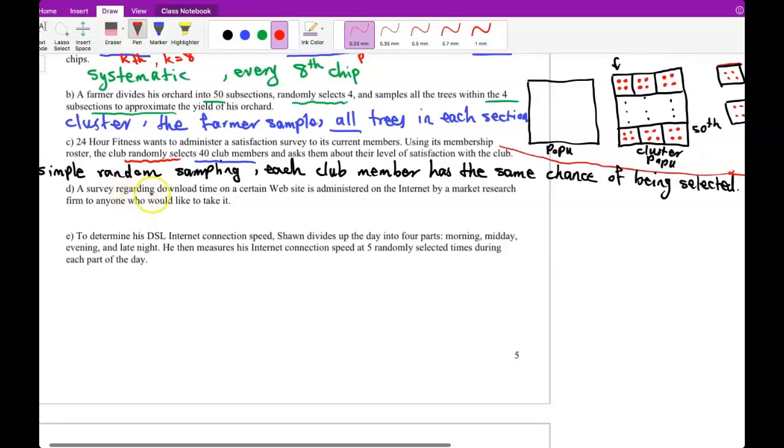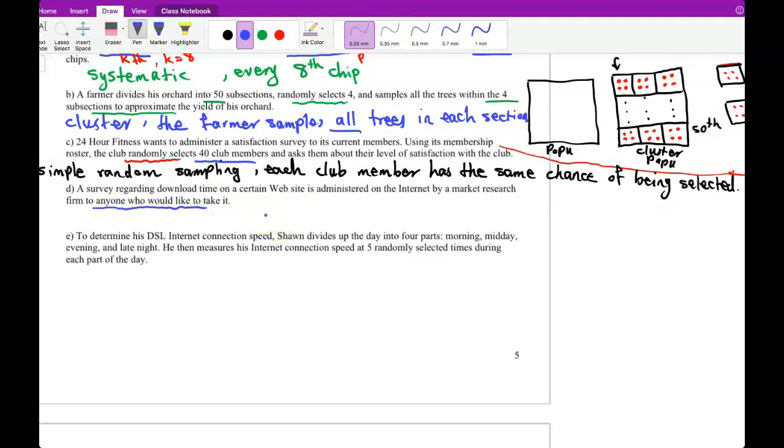Okay, part D is regarding download time. A survey on a certain website is administered on the internet by a market research firm to anyone who would like to take it. This is to anyone who would like to take it.